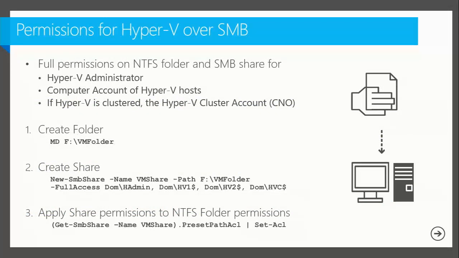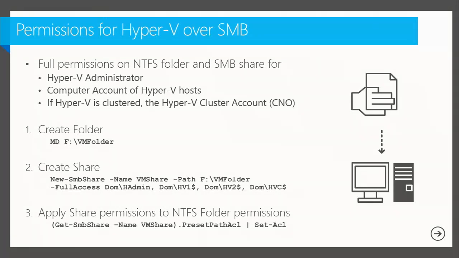How do you do it? Let's get really practical here. The way you implement this is very simple. On your file server, you create a folder. That's one. Then you create the share, and we now have PowerShell for it, New-SmbShare. And then you have to give permission to the administrator, the Hyper-V administrator.